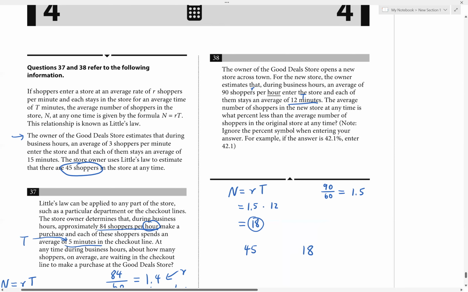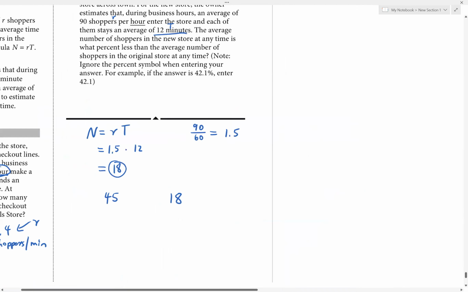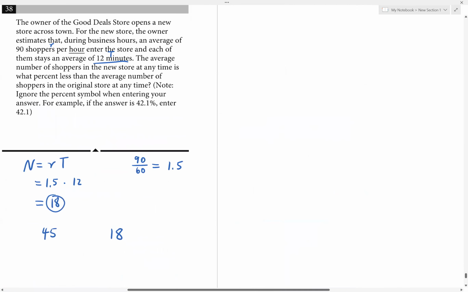We see that the number went down from 45 to 18, from the original store to the new store. So it is a decrease, and here we're trying to solve for the percent decrease. To find the percent change, we can use this formula.